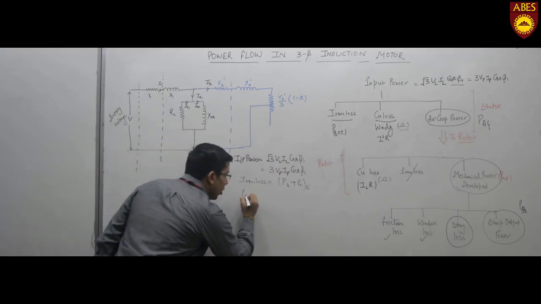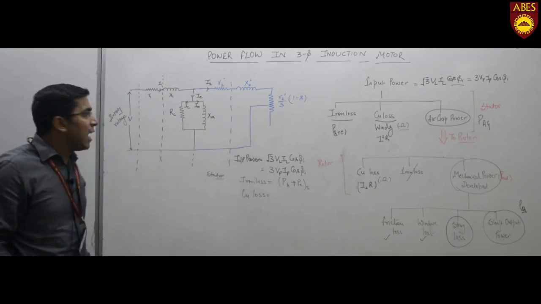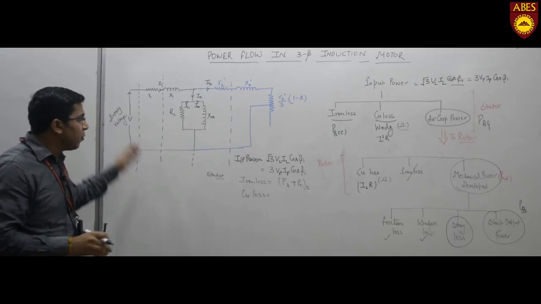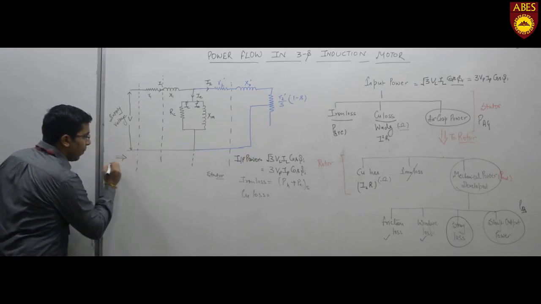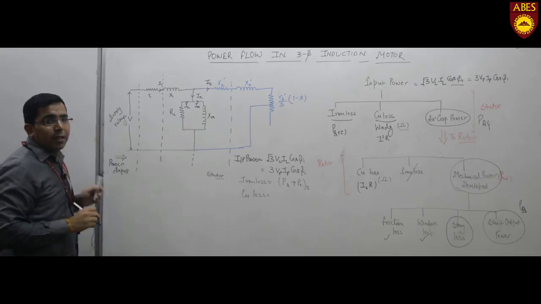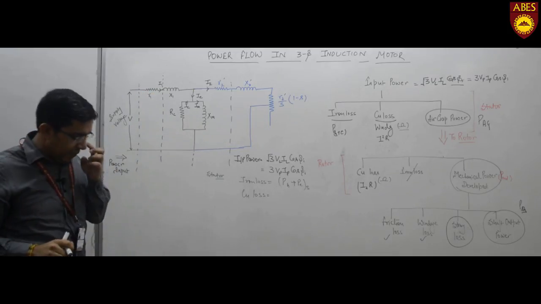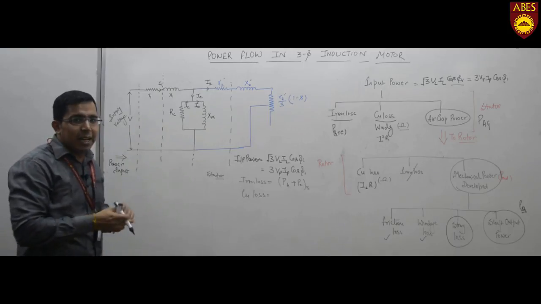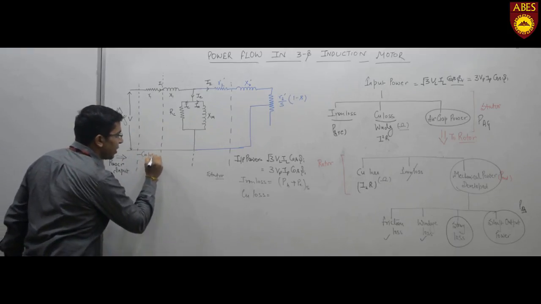Now, copper loss can be shown in the circuit diagram. If you look at the circuit diagram, this is my supply, the power input. This resistance R1 signifies the winding resistance. The power loss here is known as the copper loss on the stator side.